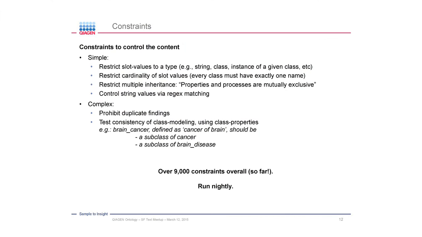What else? We can test the consistency of class modeling. This becomes very powerful for us, and this is one of the ways that we maintain the integrity of the class structure. For example, brain cancer, which is defined as cancer of brain, that is to say cancer in brain, should have a number of characteristics. We know that it should be a subclass of cancer because it's cancer of something.